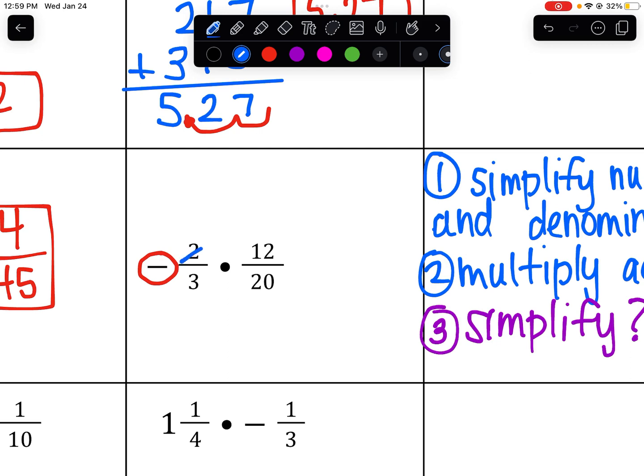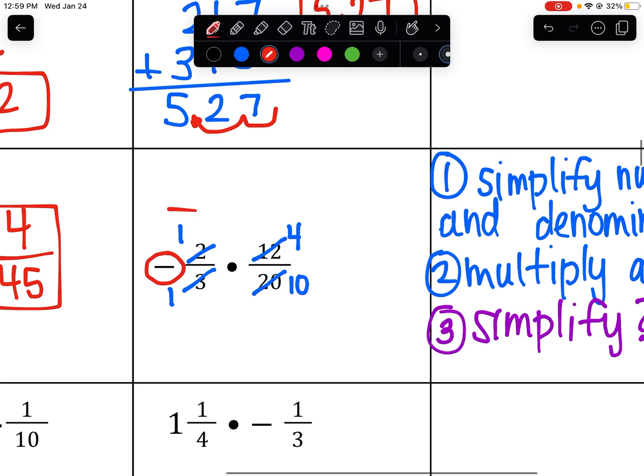I do know that 2 has a common factor of 2, which can make this 1. And then 2 goes into 20 10 times. And I can actually simplify again. 3 goes into 3 once, and 3 goes into 12 4 times. And if you notice, 4 and 10 also have a common factor, you could keep on simplifying, but let's say you don't.